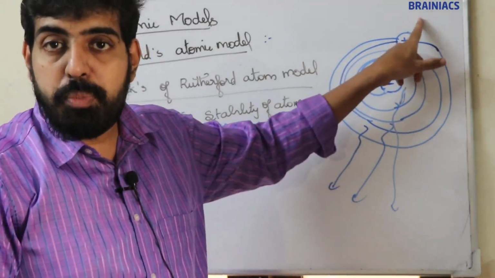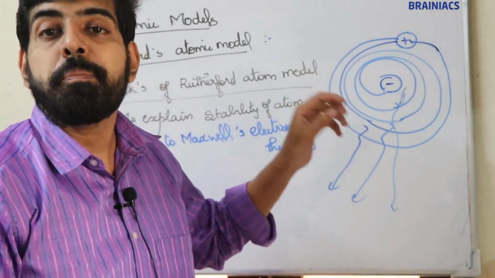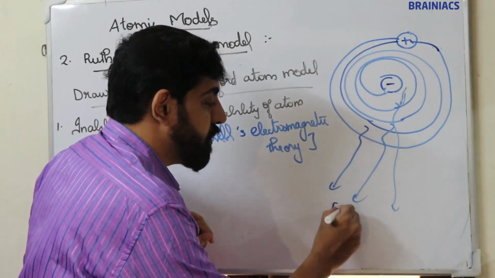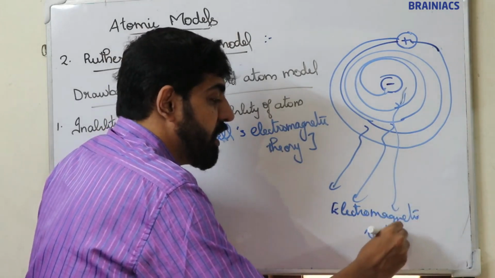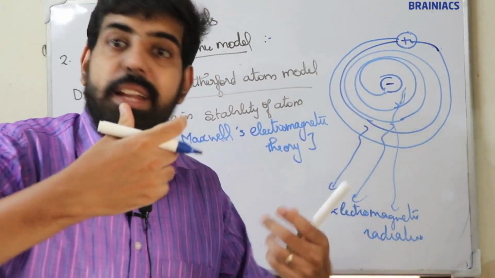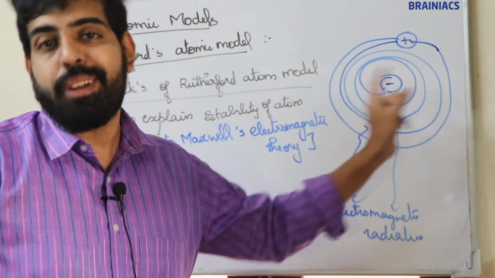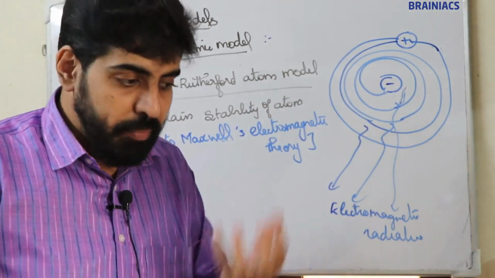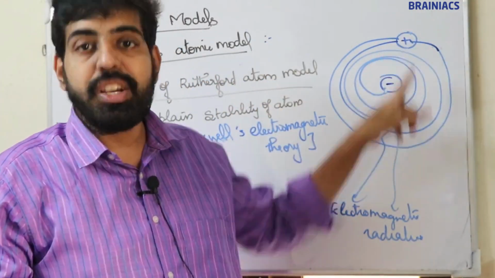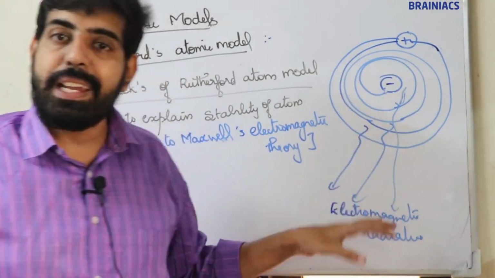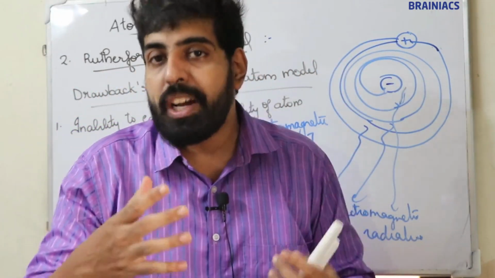When a charged body rotates around another charged body having opposite charge, the rotating charged body will release electromagnetic radiation in each turn, and finally it will collide with the central charged body. This is Maxwell's electromagnetic theory.